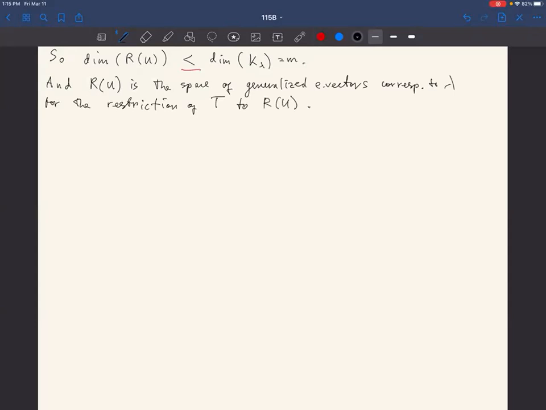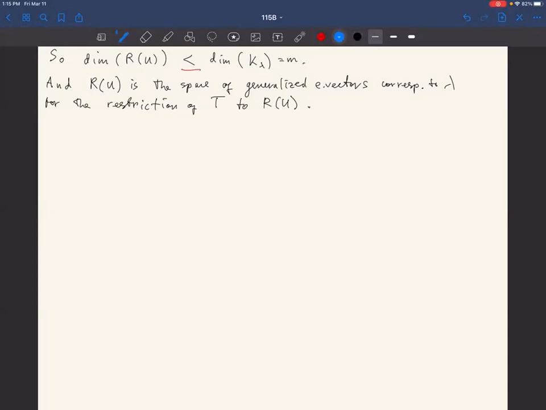So we have that this is smaller dimension, and it is the space of generalized eigenvectors corresponding to lambda for the restriction of T to this subspace, the range of U. And so this means we can apply the induction hypothesis to this situation.